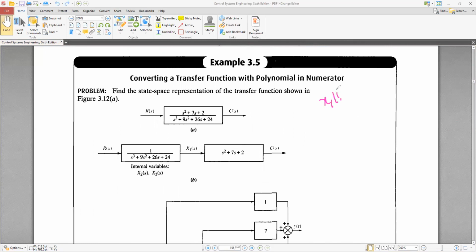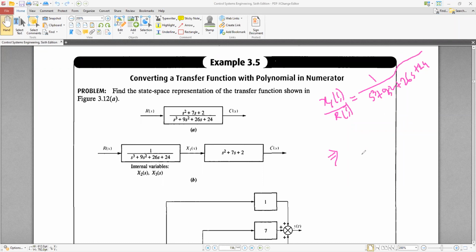X1(s) by R(s) is equal to what? It is equal to 1 over s cubed plus 9s squared plus 26s plus 24. Okay, so what you will do is just cross multiplication.